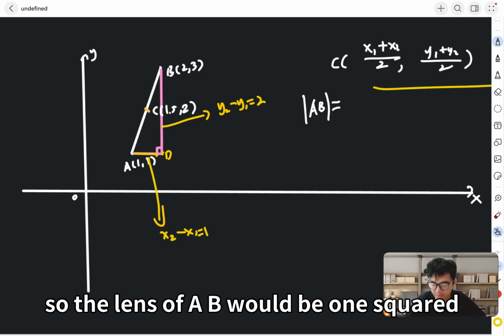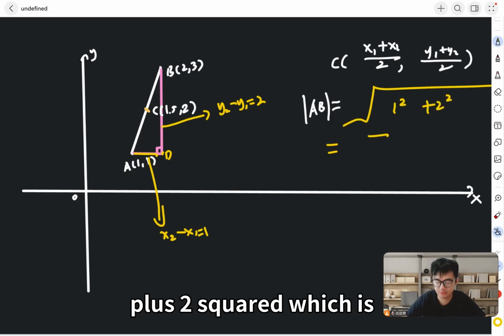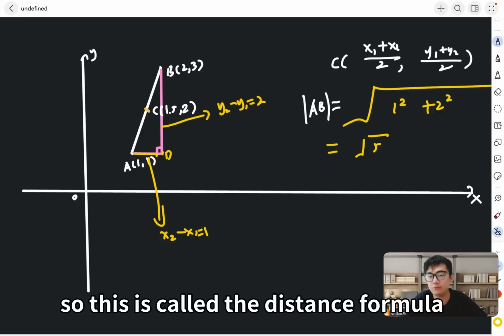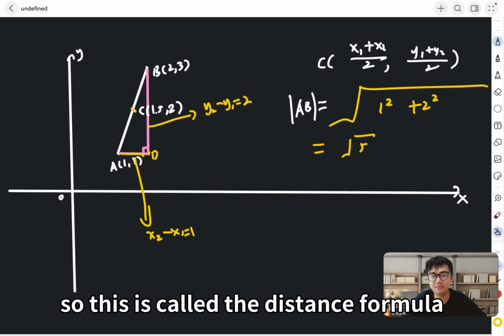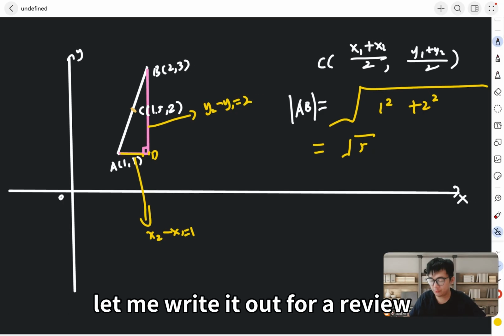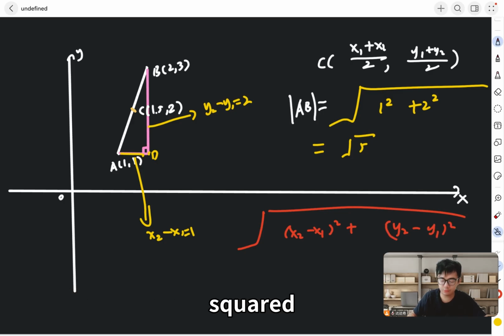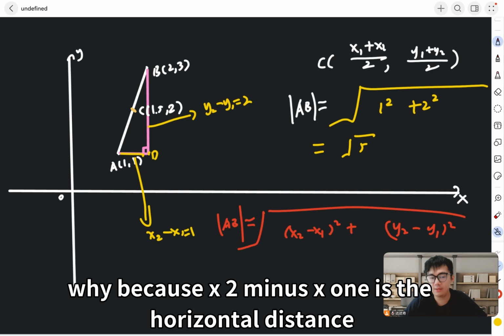which are independently 1 and 2. So the length of AB would be (1 squared plus 2 squared) to the power of 1/2, which is 5 to the power of 1/2. This is called the distance formula. Let me write it out for review: (x2 minus x1) squared plus (y2 minus y1) squared, all to the power of 1/2. Why?